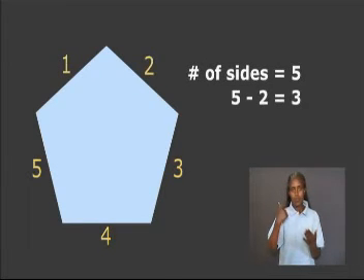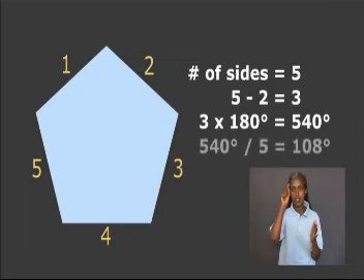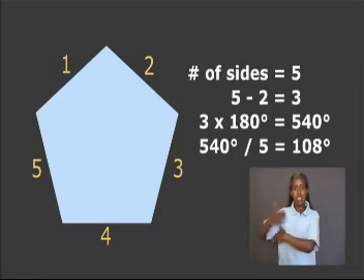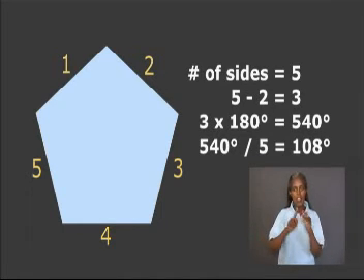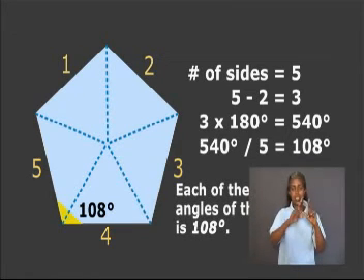We subtract 2 from 5, which gives us 3. We then multiply 3 by 180 degrees. The product is 540 degrees. We then divide this figure by 5, which is the number of sides. The final answer is 108 degrees. Each of the interior angles of the pentagon is 108 degrees.